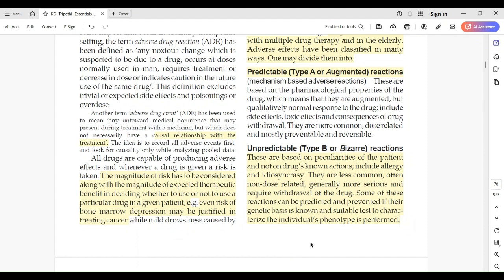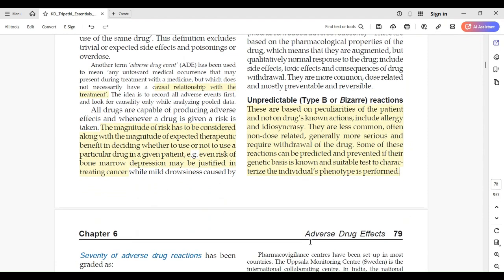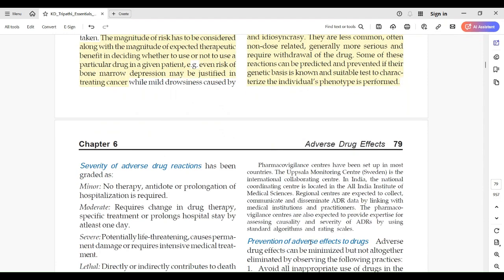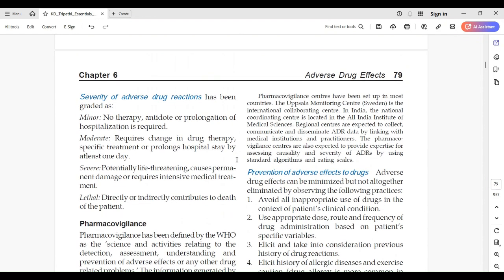If we characterize the whole genome, then we can prevent this type of reaction by knowing which type of drug can cause the adverse reactions. Thank you. We will see more in the next video.